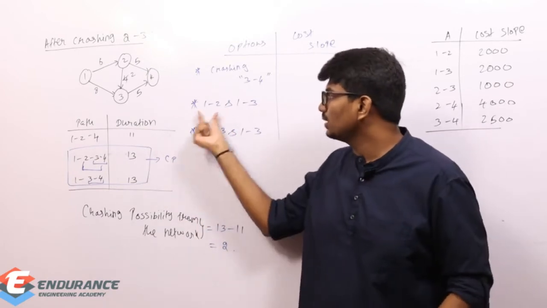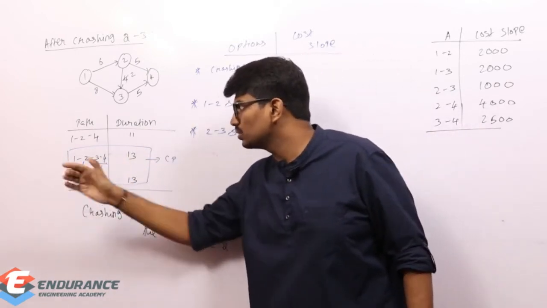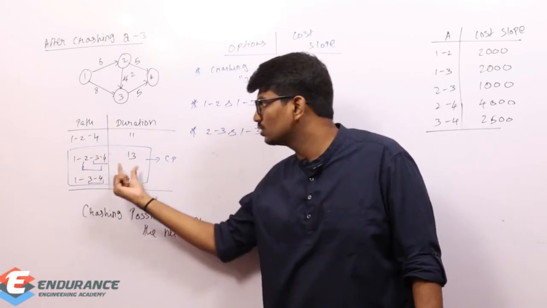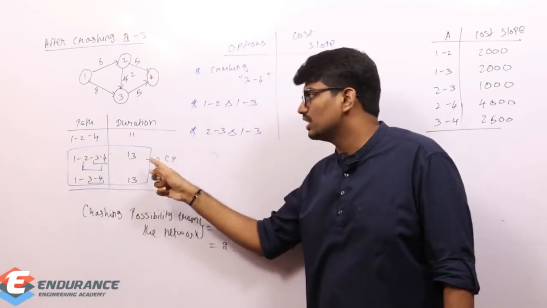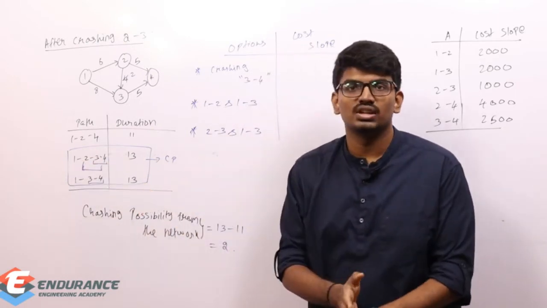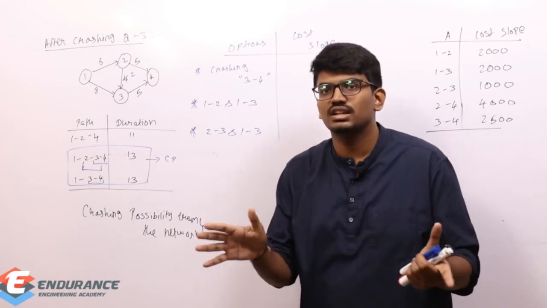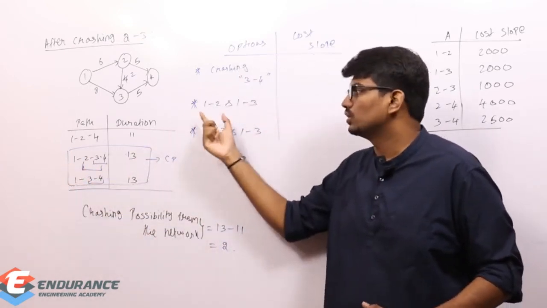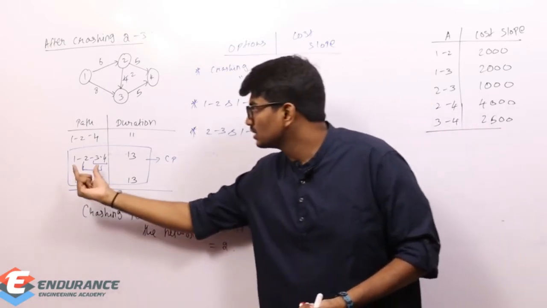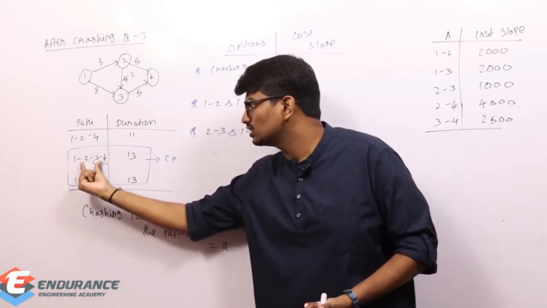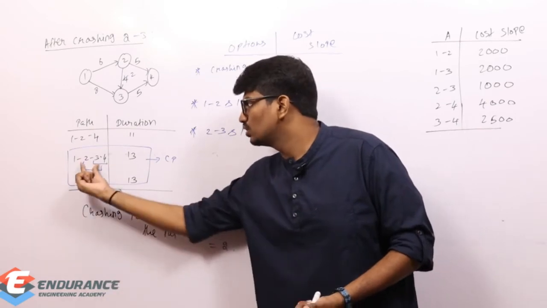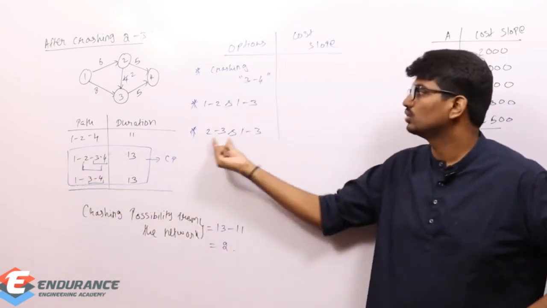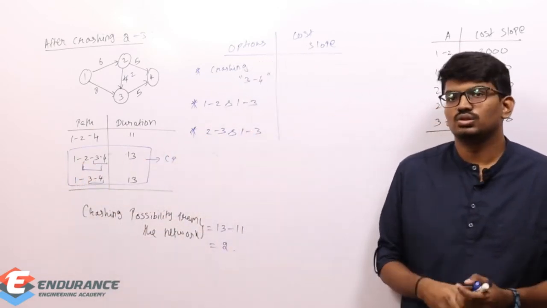But if I crash only 1 to 2, that is not enough, because only this path will get reduced, this path will still remain at 13 only. So both 1 to 2 and 1 to 3. The next possibility is 2 to 3 and 1 to 3, these are the other two possibilities.